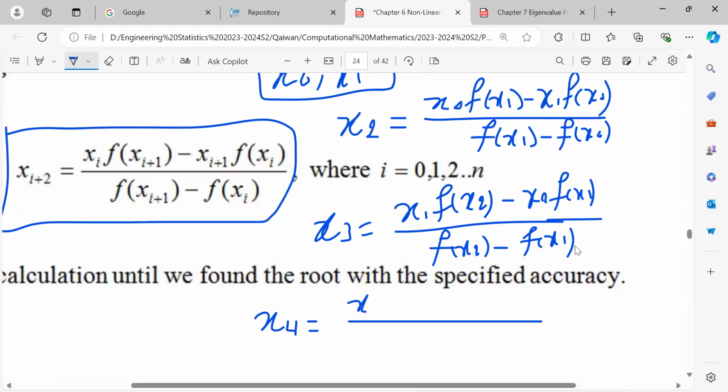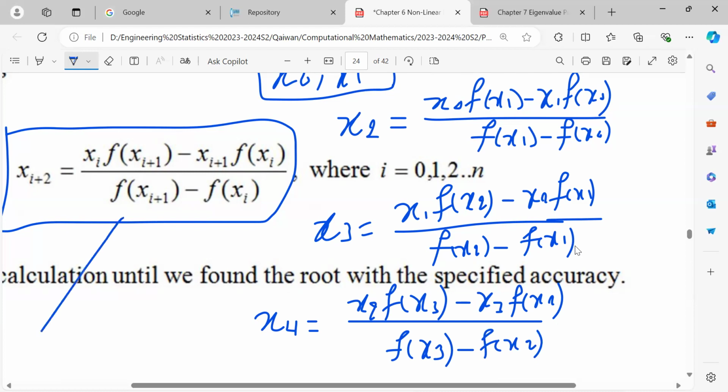It is x2 f(x3) minus x3 f(x2), divided by f(x3) minus f(x2).